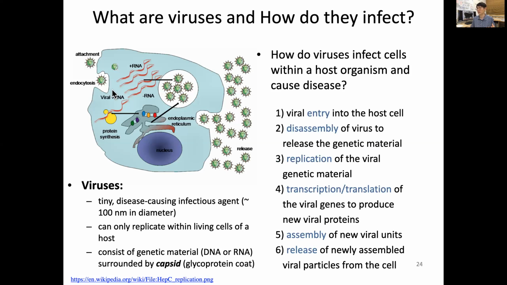You can see the replication of multiple RNAs and translation of the viral genes to produce new viral proteins. And then they will assemble new viral units, and these multiple virus particles will now be released from the host cells.